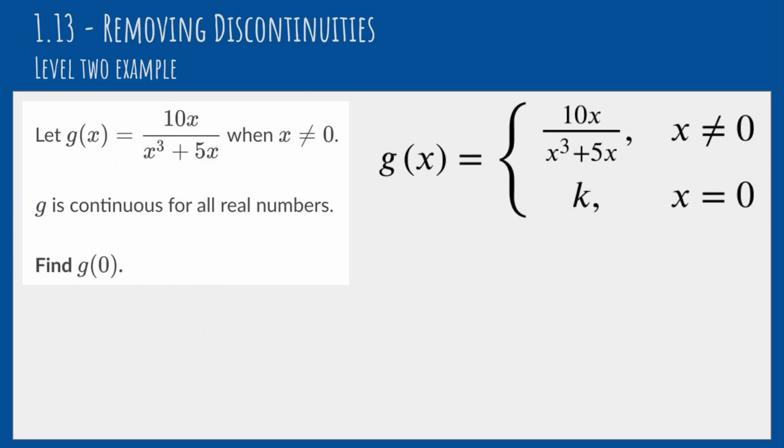We're going to find the limit of this value for values around 0, not equal to 0. And that's going to have to equal the value of g at x equals 0. And so that's our k value. So just a slightly different way of asking the exact same question. And so we would get the same answer, g of 0 equals 2.